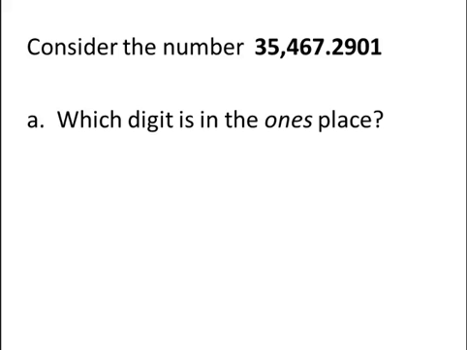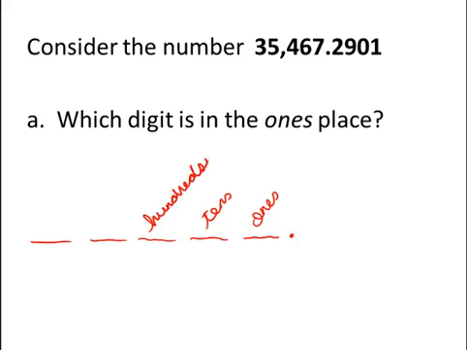We're being asked about something that is to the left of the decimal point, so let's just review the names of all of these place values. We have the ones, the tens, the hundreds, the thousands, and the 10,000s.